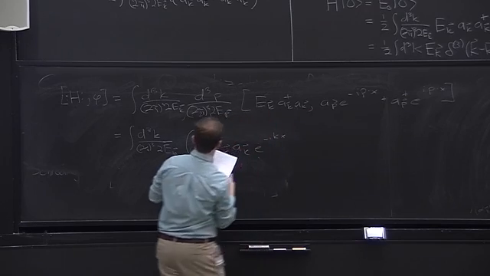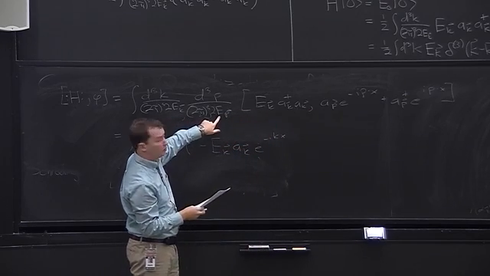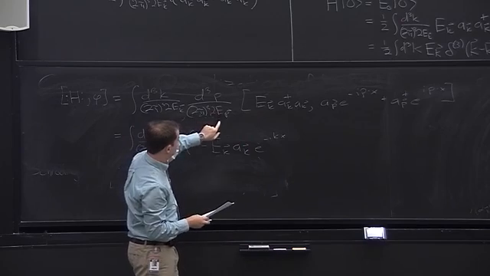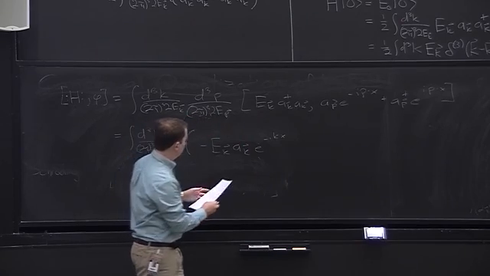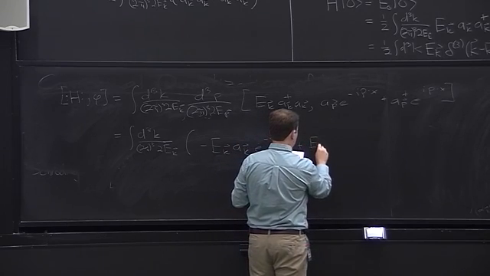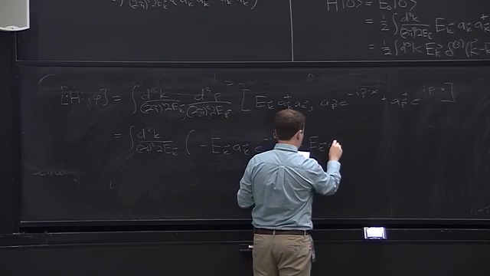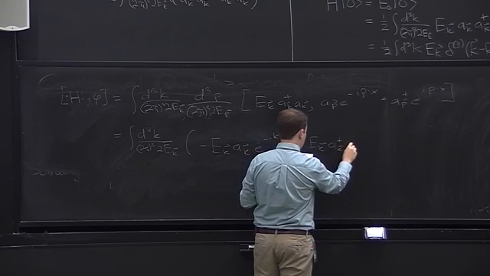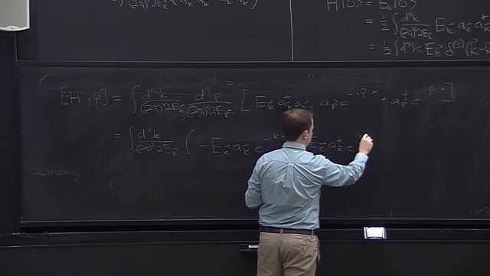So we'll also get a 2 pi cubed 2 E_k delta of k minus p, which you can use to do this integral. And then over here we'll get E_k a dagger_k e to the i k dot x.